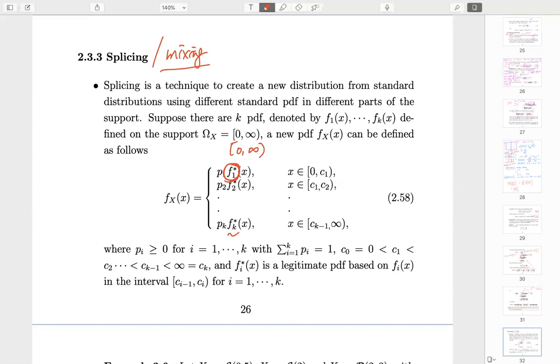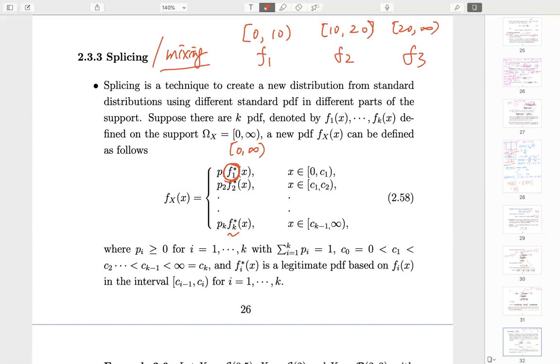Let's put a specific value and not do the general case. Let's separate this into 3 regions. From 0 to 10, I have F1. From 10 to 20, I have F2. From 20 and beyond, I have F3. They do not overlap.